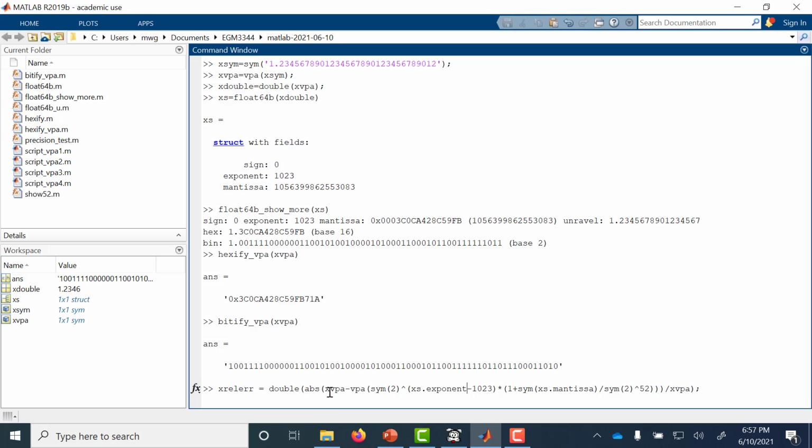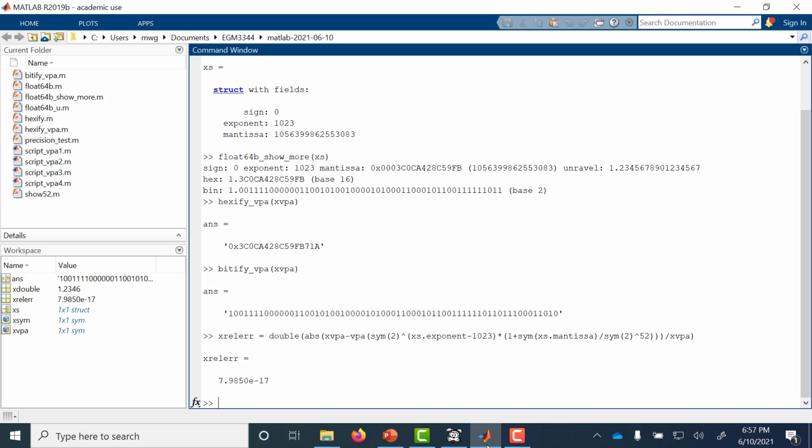And then the true value is just VPA, XVPA. The true value in the denominator is XVPA. And then I doubled the result. So that should be my relative error. Let's see what it is. It's roughly 8 times 10 to the negative 17th.